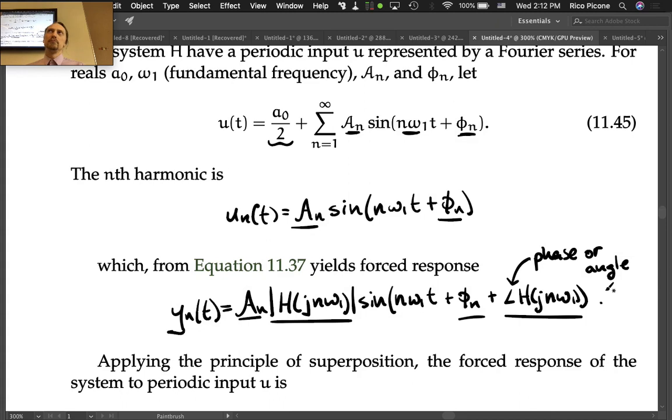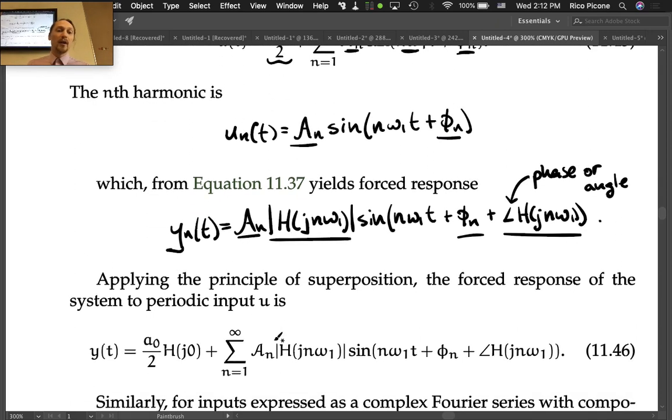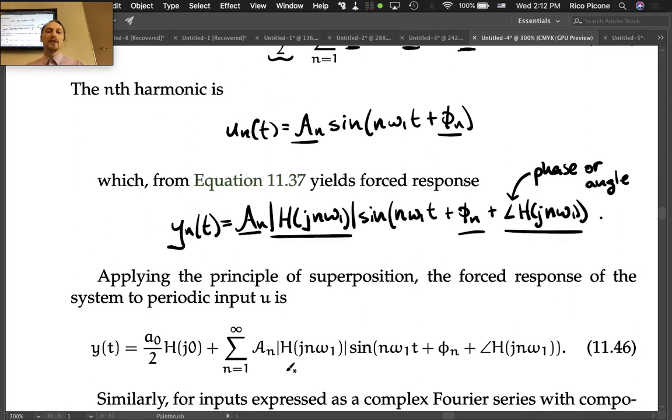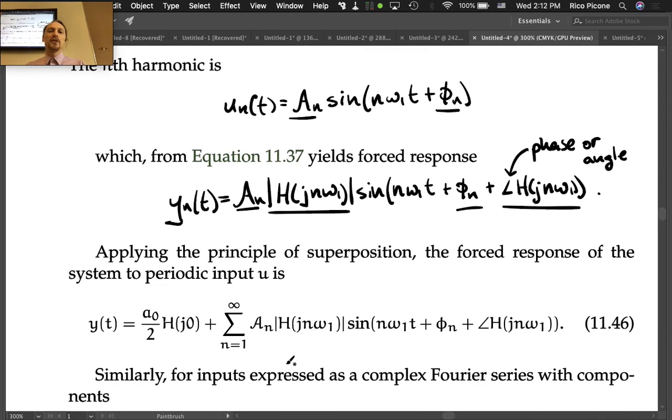So we broke down this periodic input into a bunch of sinusoids. Now we found what the output is for each of the sinusoids. And now we're going to apply the principle of superposition, which said a few things.